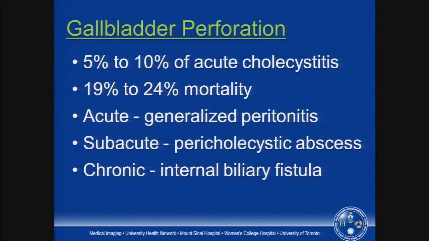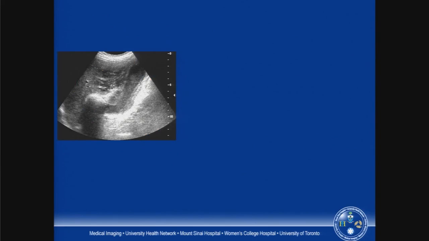It comes really in three flavors: an acute perforation, where you get a generalized peritonitis, and then a subacute, which allows the omentum to come up and wall off the inflammatory process, and you get a pericholecystic abscess. And then more chronic perforation, where the gallbladder sticks on to an adjacent structure, be it the duodenum or the colon, and you can get an internal biliary fistula, sometimes with passage of stones.